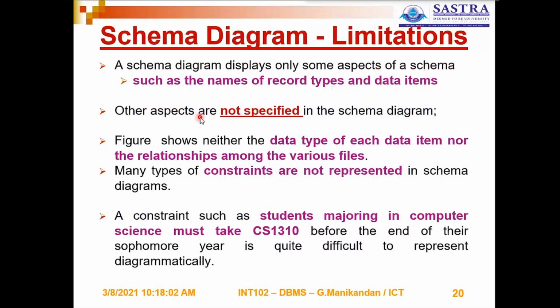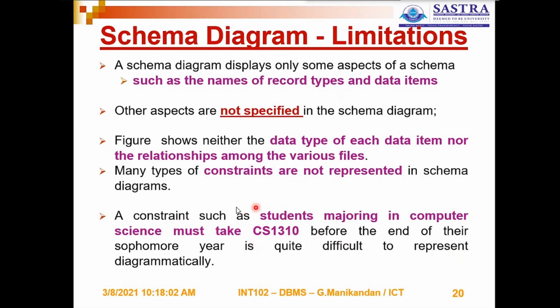In your schema diagram, display only the name of the record and the field name. It is not going to specify the data type, the relationship and the constraint. Suppose you are going to have a constraint like this: a student majoring in computer science must complete this course before that particular year.